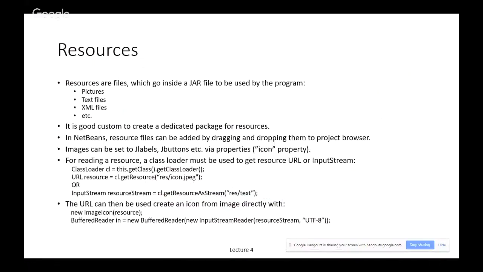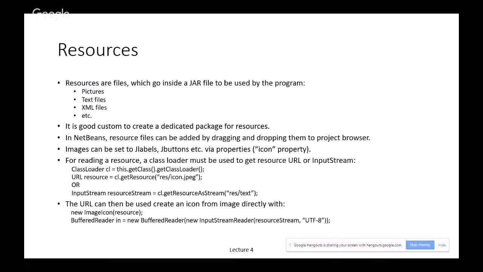So if we just summarize things covered, resources, we started with this one. There are ways to add, for example, pictures, configuration files, content files, and so on into your application, and they go into the build jar file.